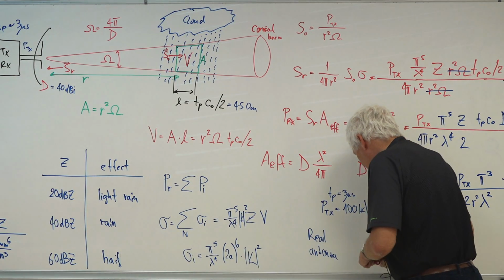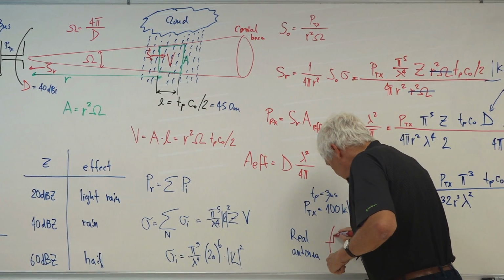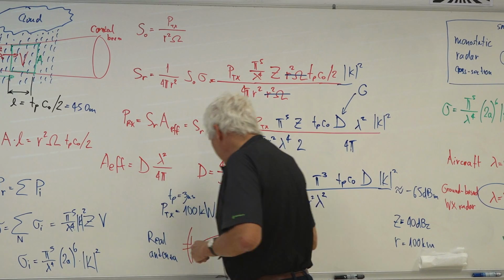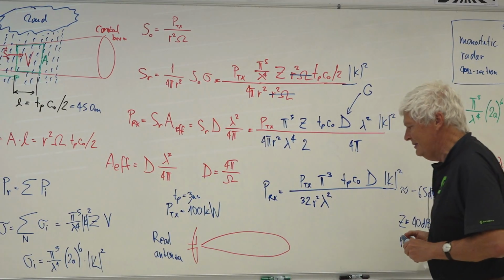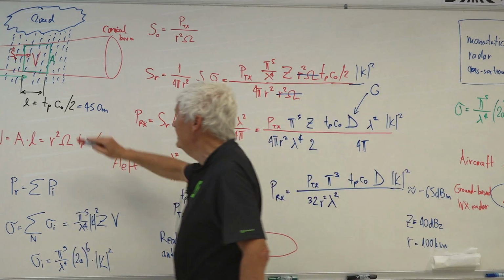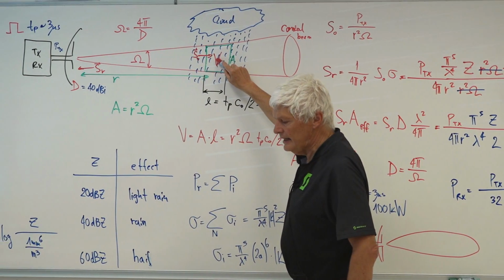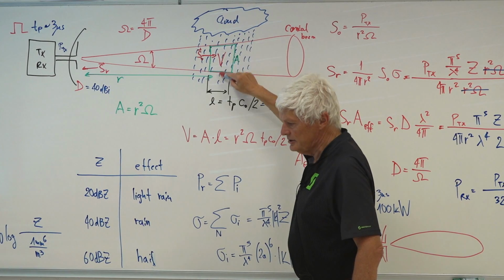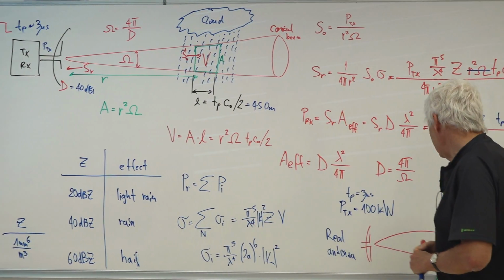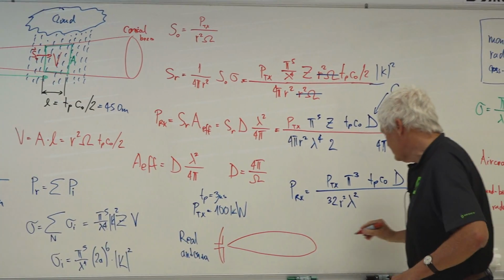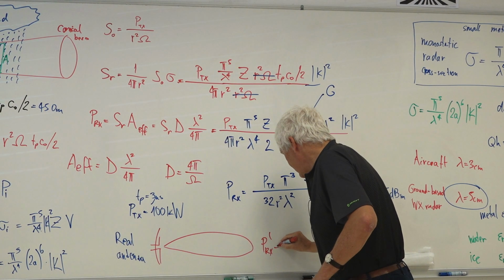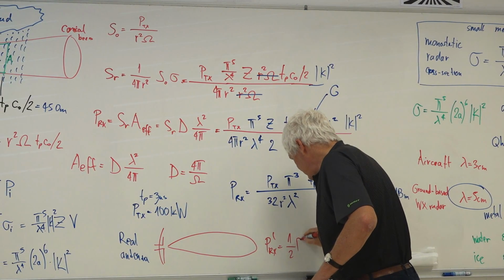A real world antenna has a shaped beam. So the beam is not a cone, the beam is a Gaussian shaped beam. And what does it do? It illuminates strongly the center of the rain rather than the edges. There is a slight decay. And usually this real antenna produces P receiver prime, about 1/2 of the P receiver we calculated here.